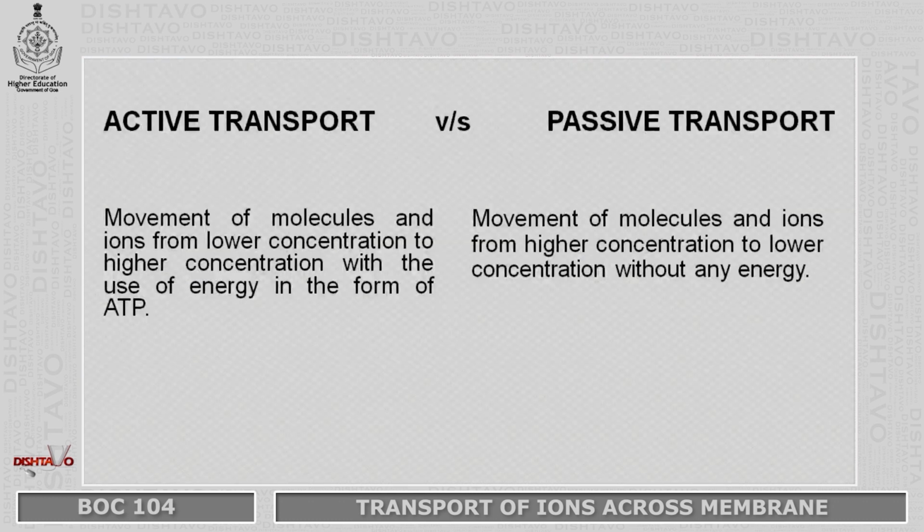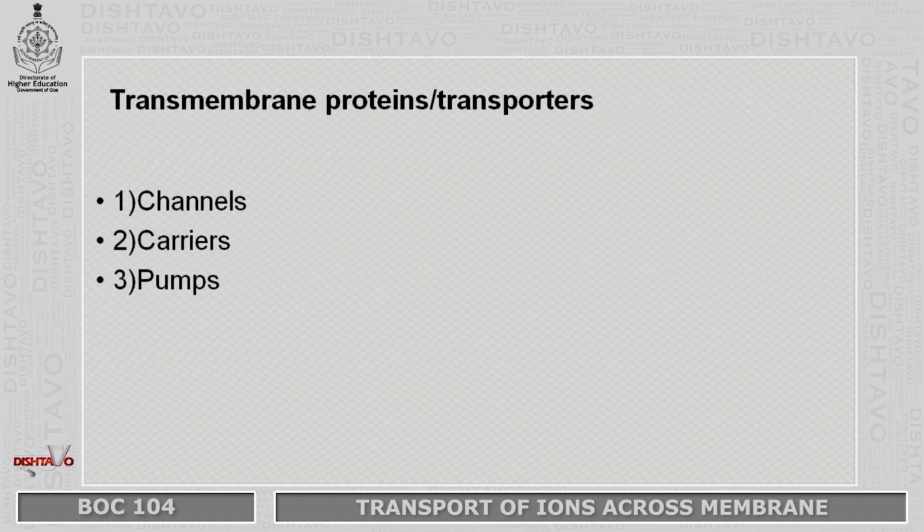As you can see here, the movement of molecules and ions from lower concentration to higher concentration, where energy is utilized, is active transport. Whereas passive transport is just the opposite. Here it is from higher concentration to lower concentration. And secondly, there is no expenditure of energy. So these are the 2 points that differentiate active and passive transport.